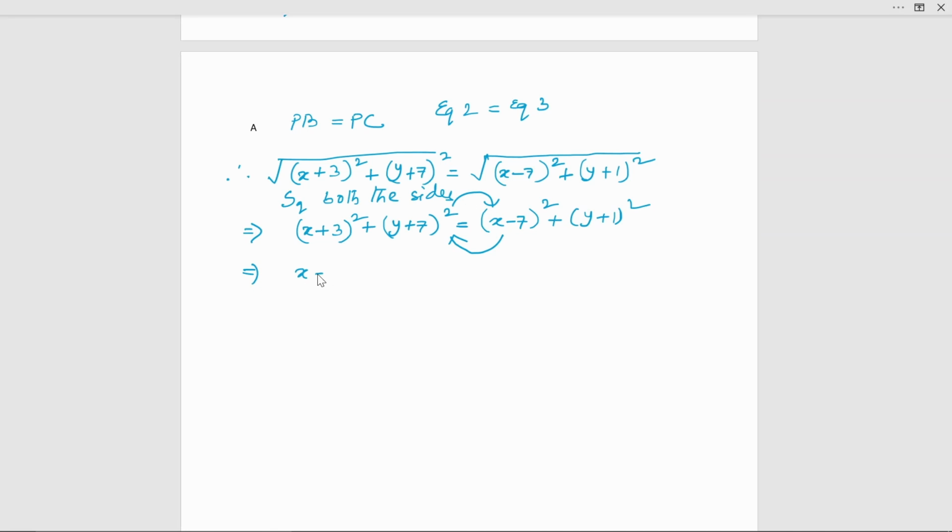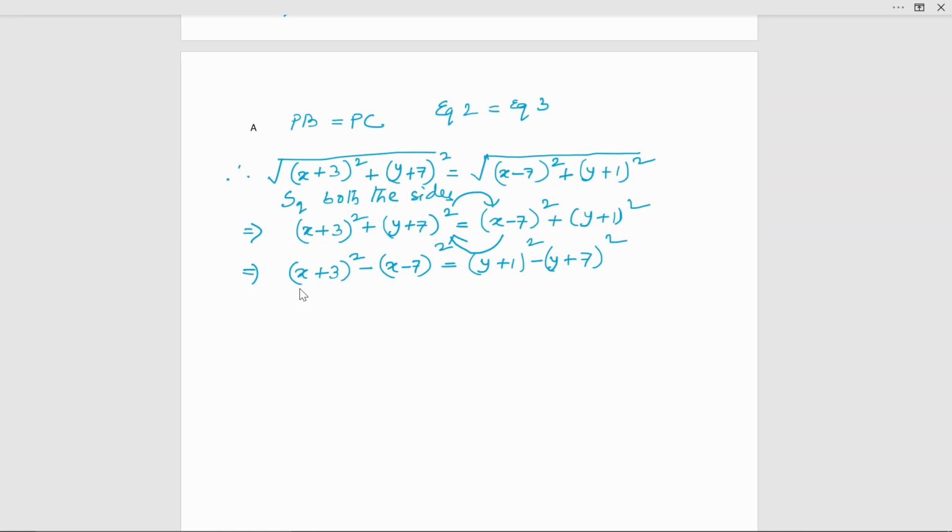So (x + 3)² − (x − 7)² equal to (y + 1)² − (y + 7)².